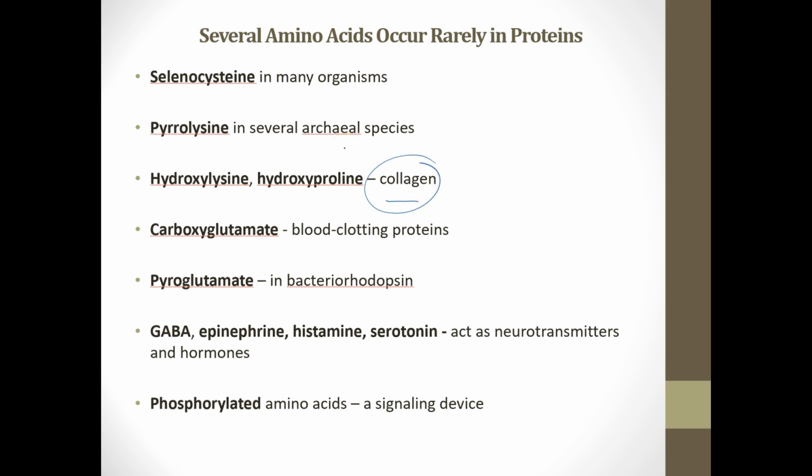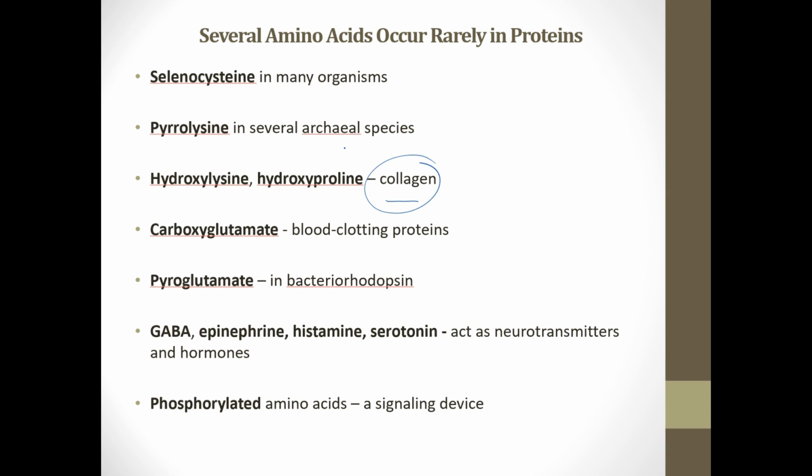However, it's very unusual to see hydroxylysine and hydroxyproline appearing in any protein other than collagen. It's a unique adaptation which leads to its unique structural properties. So in that sense, it's rare, although it occurs frequently, or there's a lot of it.